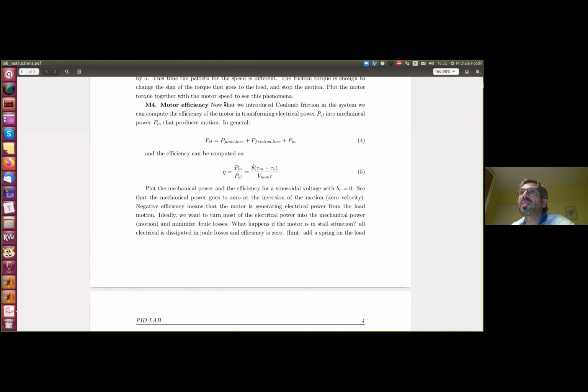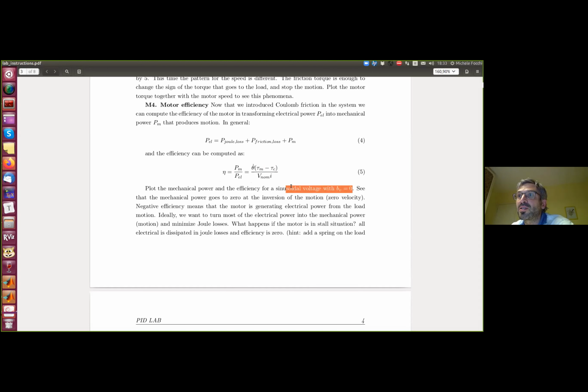You remember that efficiency is computed as the mechanical power out that produces the motion, so it's speed of the motor times torque of the motor minus Coulomb friction, because Coulomb friction doesn't produce any motion. So mechanical power out over the electrical power in, that is voltage times current.